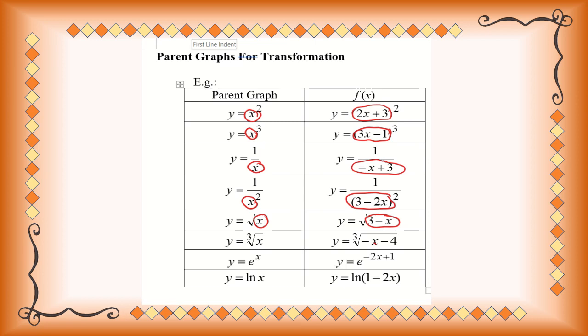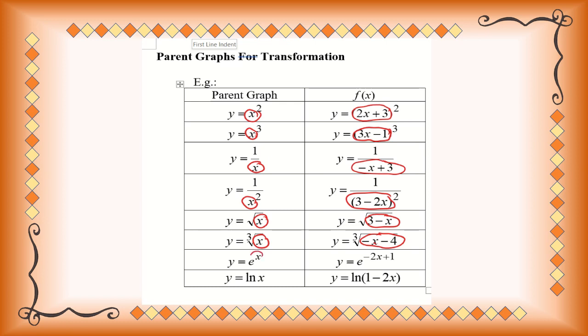And y equals cube root of x is now transformed to y equals cube root of negative x minus 4. So this one, cube root of x, is the parent graph of cube root of negative x minus 4. Then y equals e to the power of x is the parent graph of y equals e to the power of negative 2x plus 1.